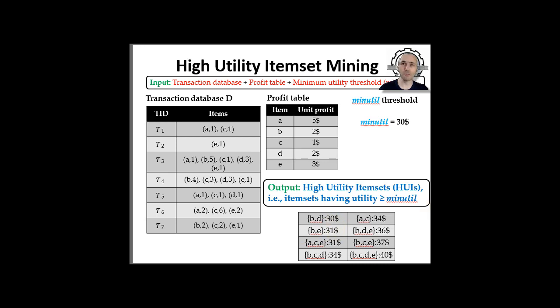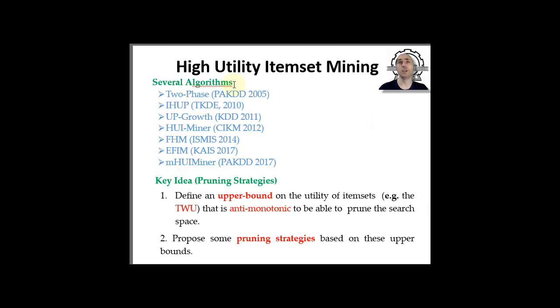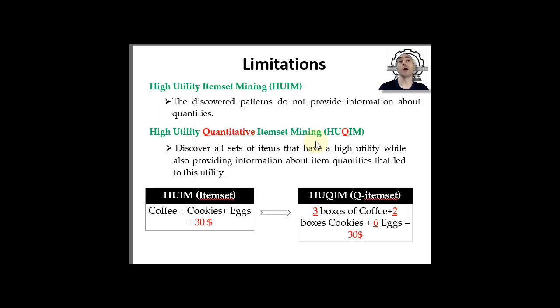So there have been many papers about this topic, many algorithms. Okay, I will not explain this today. But there are some limitations. Even if you find that cake and bread make a lot of money, we don't have the information about the quantities. So there is a new problem in recent years called high utility quantitative item set mining.